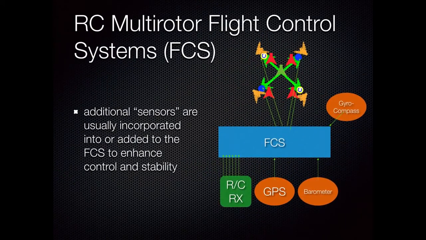Now, these flight control systems can really get out of hand. You can add a lot of extra add-ons to them. The most common one is a GPS sensor, which provides location information to the flight control system. More importantly than that, it provides information about where the quad rotor craft is in three-dimensional space.